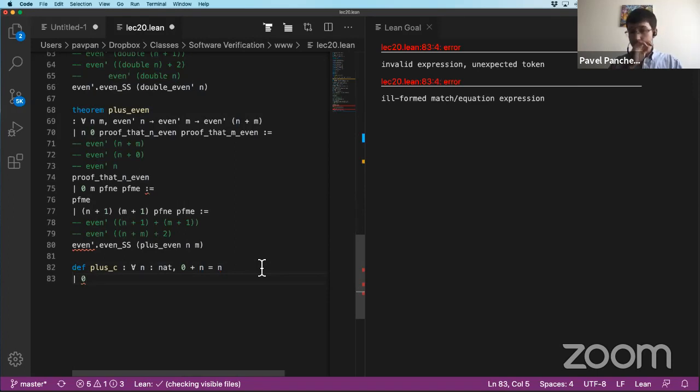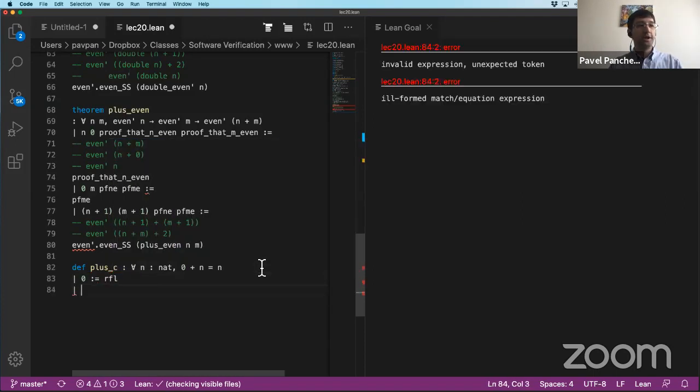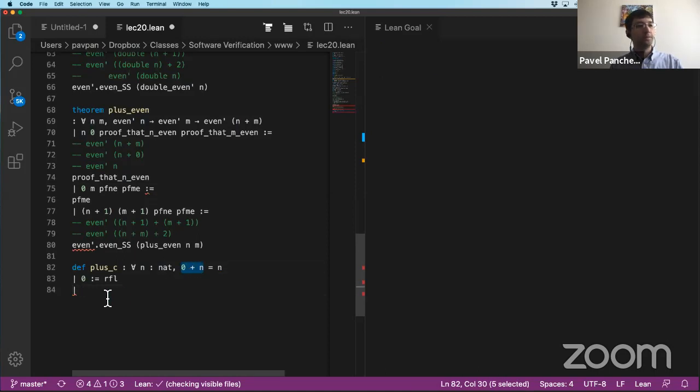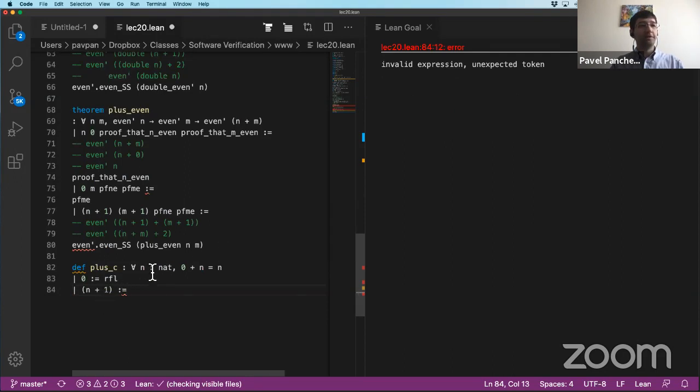So Lean provides basically a single method for doing so, which is this kind of pattern matching construct. So here what I've done is I've asked Lean to first consider two separate cases for n. One where n is equal to 0, one where it is equal to n plus 1.